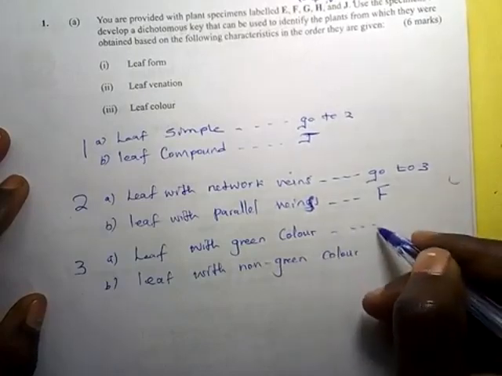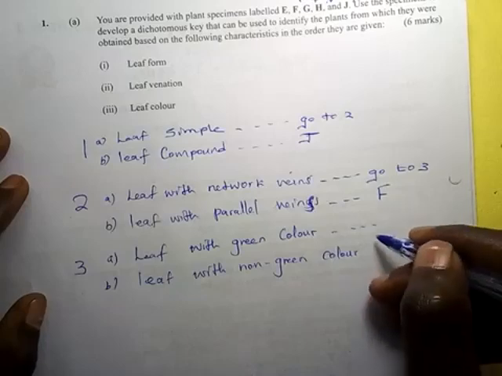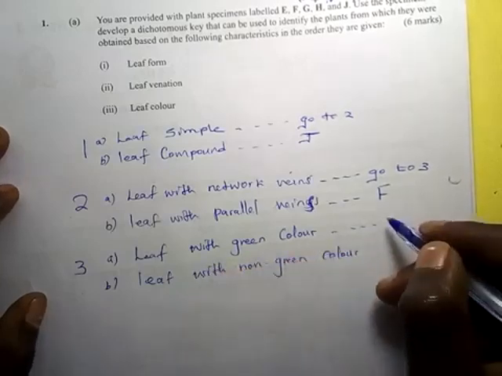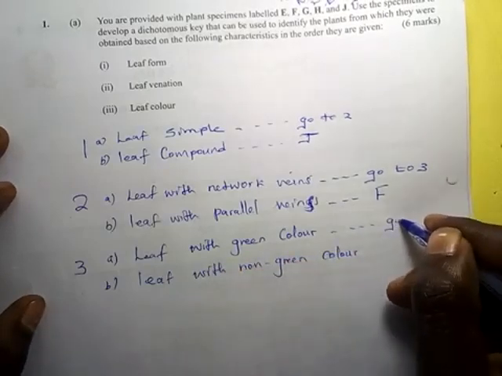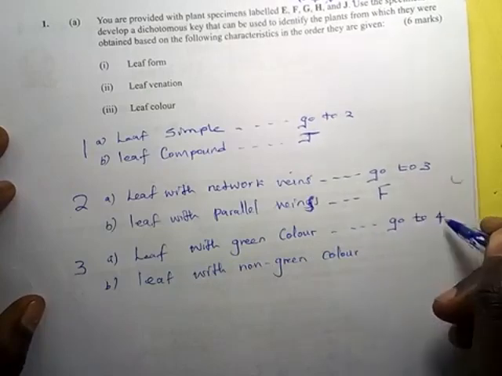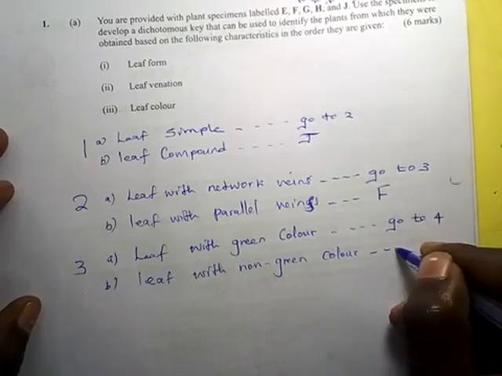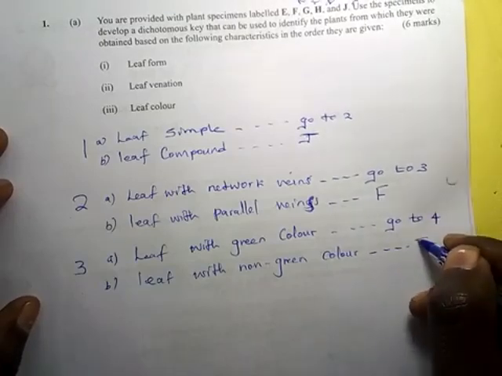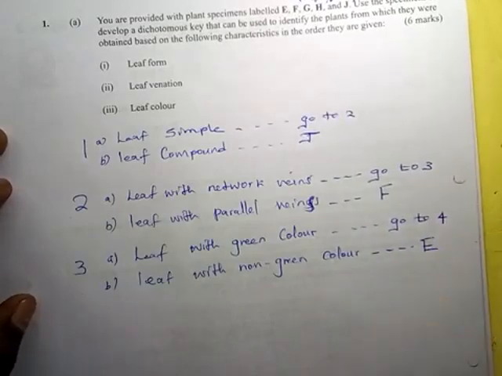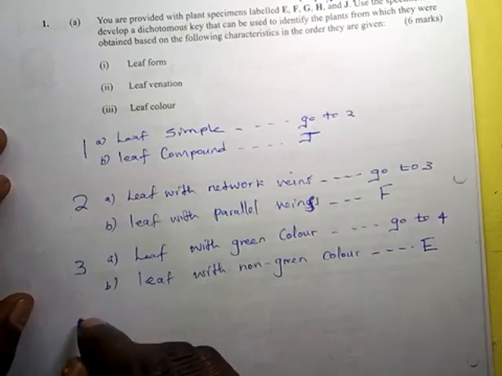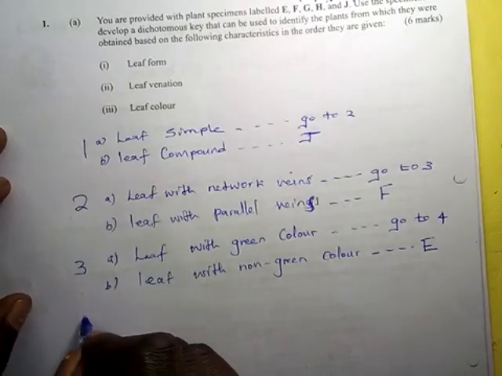You go to 4, while the leaf with green color was only one, which was specimen E. Now we are left with G and H. They had their characteristics.